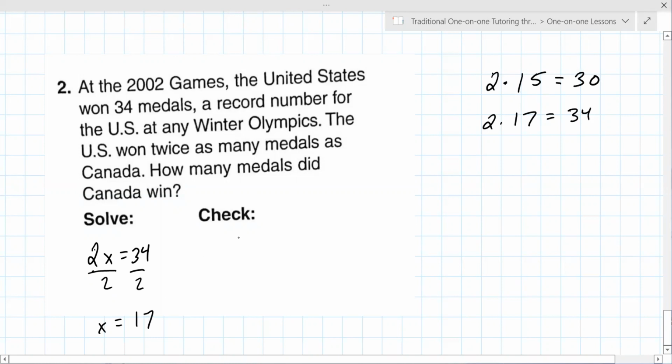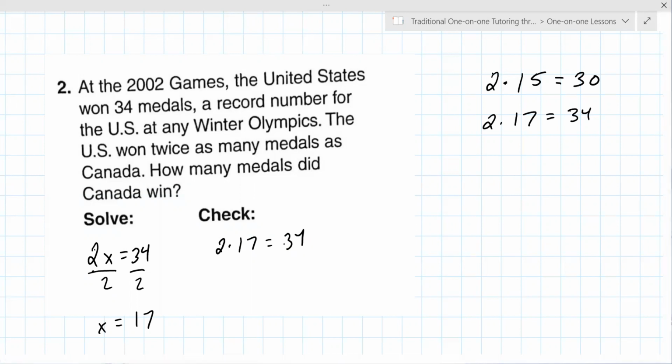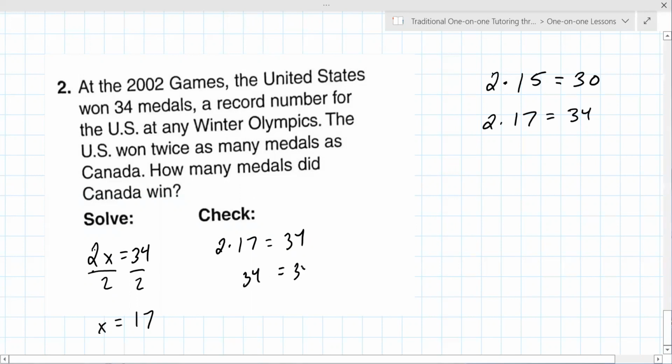Yes. And then your check here is 2 times 17. Does that equal 34? And it does. 34 equals 34.